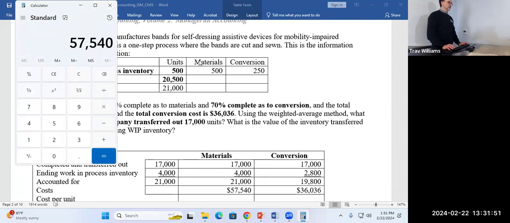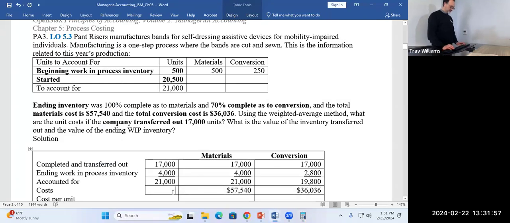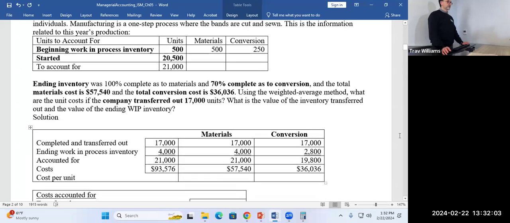So materials plus conversion, $93,576. Okay, does that make sense?